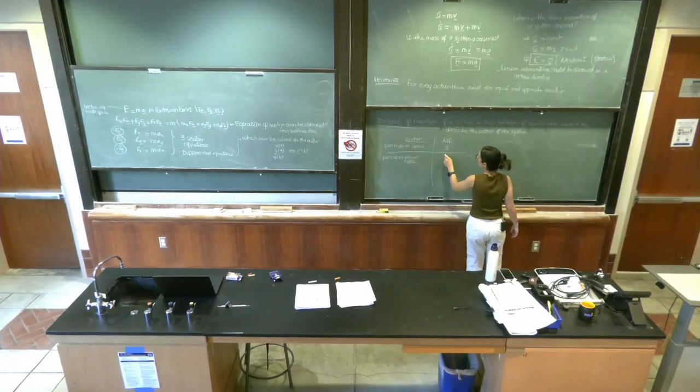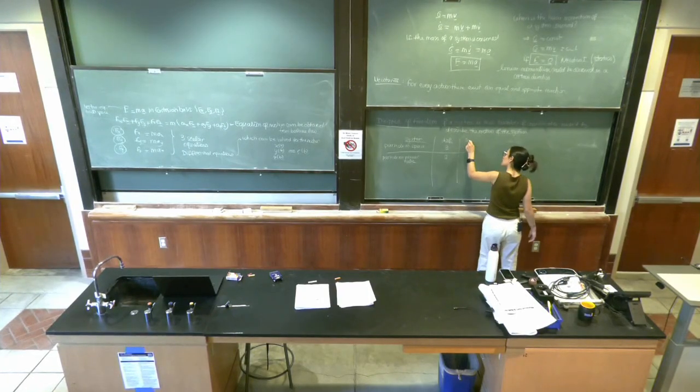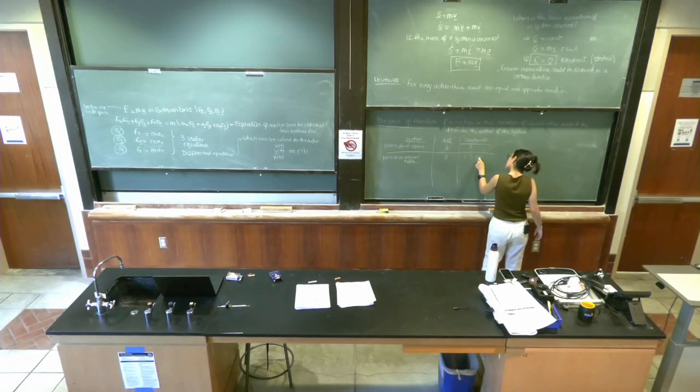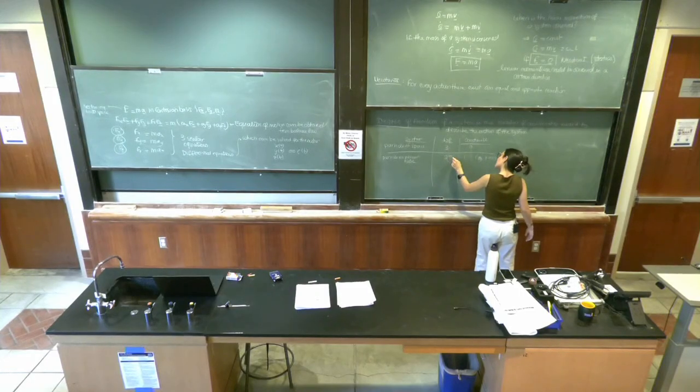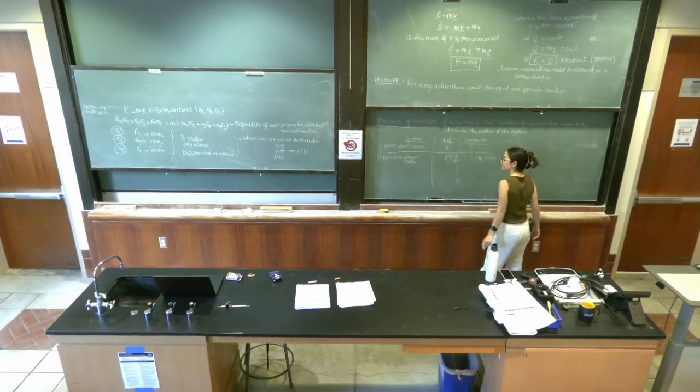That's 2 DOF, and 1 constraint, for example z equals 0, and the two coordinates would be x and y.